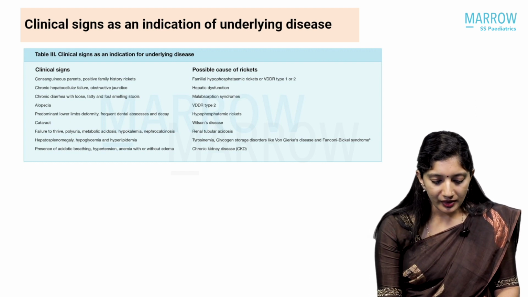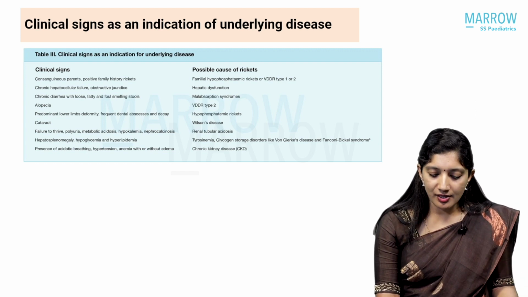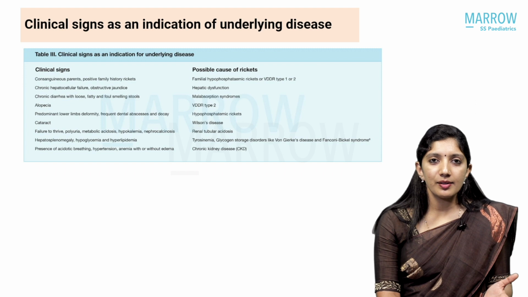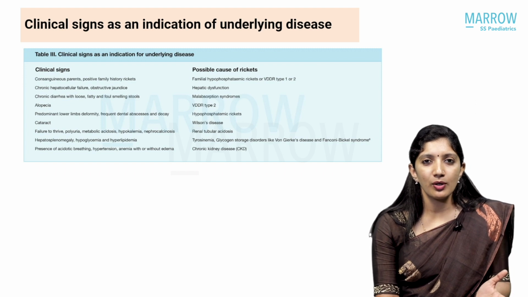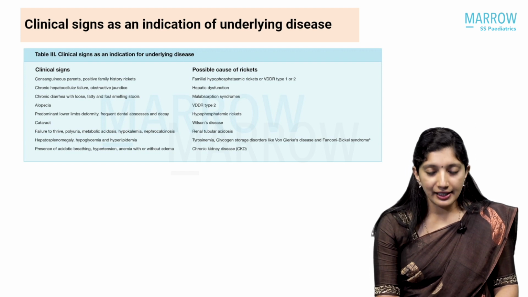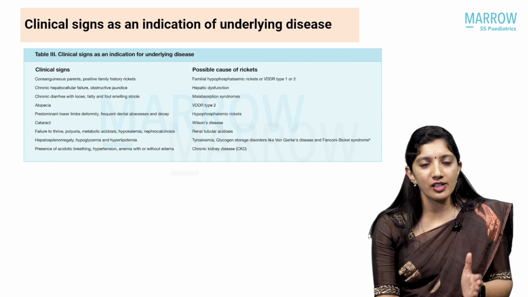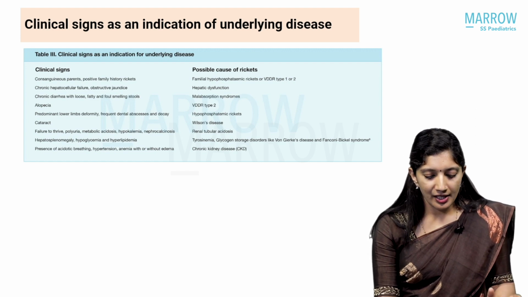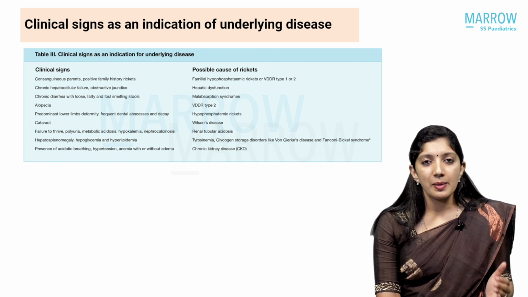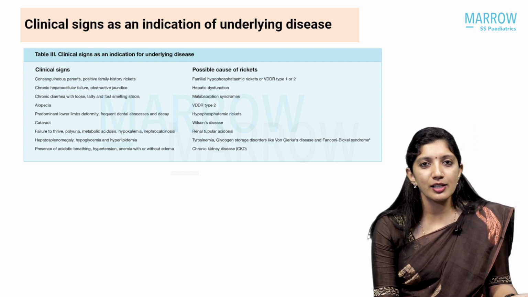Predominant lower limb deformities and frequent dental abscesses and decay occur more frequently in X-linked hypophosphatemic rickets. Cataract can be a clue to Wilson's disease, which leads to proximal renal tubular disorder. Failure to thrive, polyuria, metabolic acidosis, hypokalemia, nephrocalcinosis are clues towards proximal renal tubular acidosis.